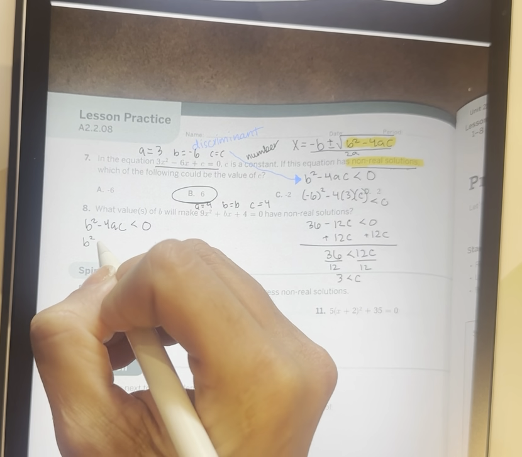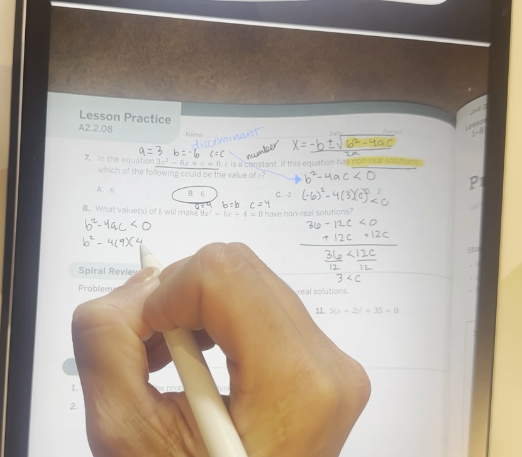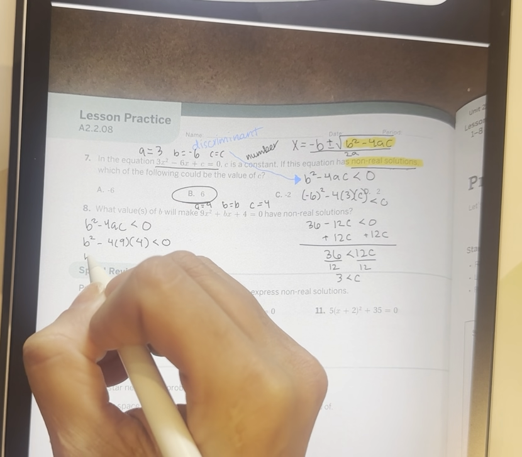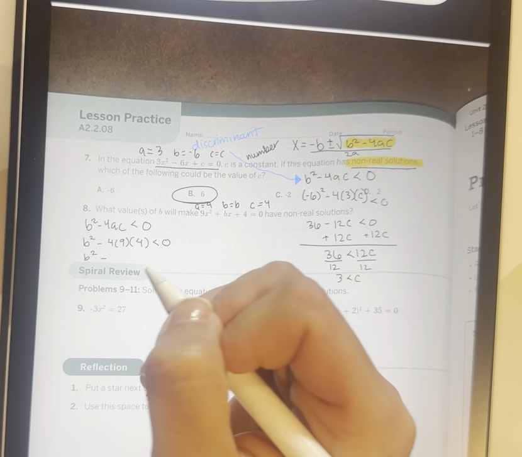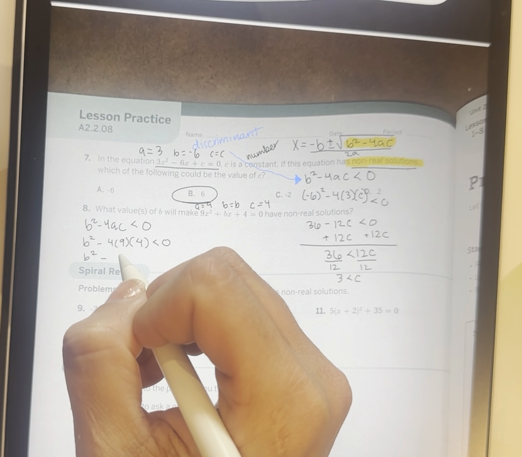So I have b squared minus 4 times 9 times 4. I want that less than 0. That's b squared minus, what is this, 36 times 4? Yeah, 144.